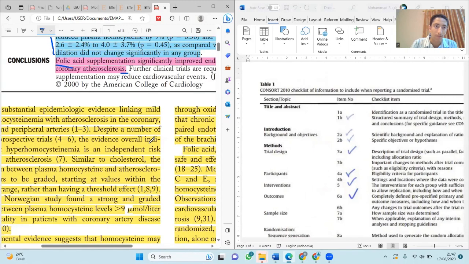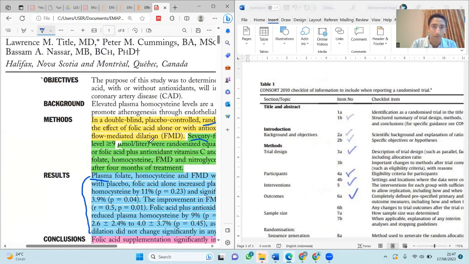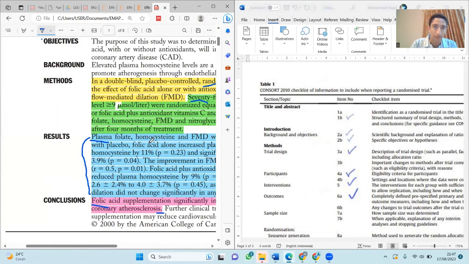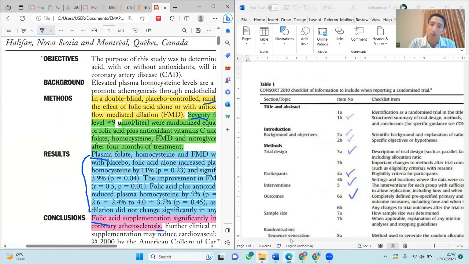Sorry, wait a minute. I share my screen. The data number 2 is the CONSORT of the full text.